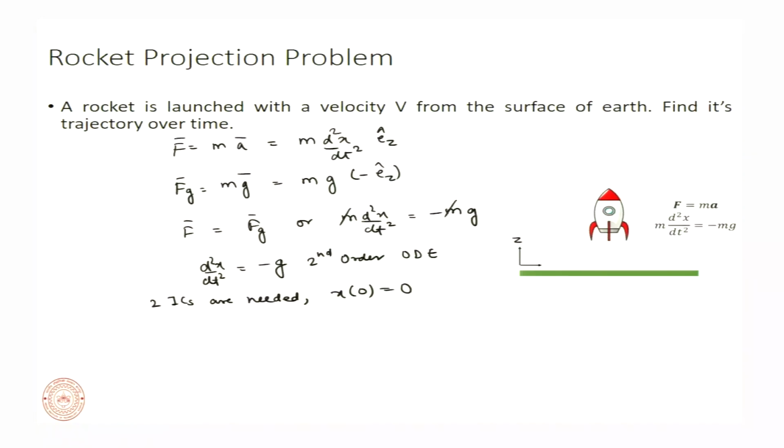I am messing up with the directions. Let us take these as x. So, we will be consistent with directions Ex. And say the velocity at time t equals 0 is some velocity v. So, this is our launch velocity.